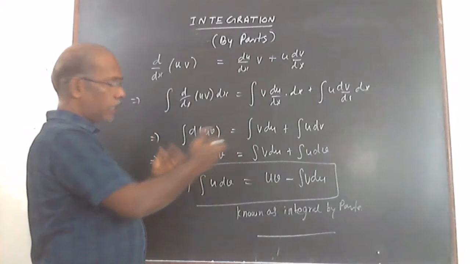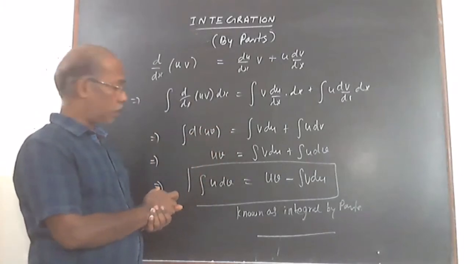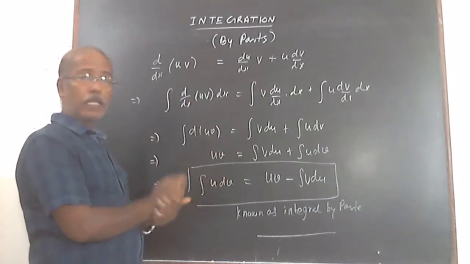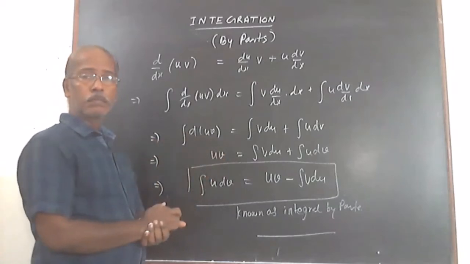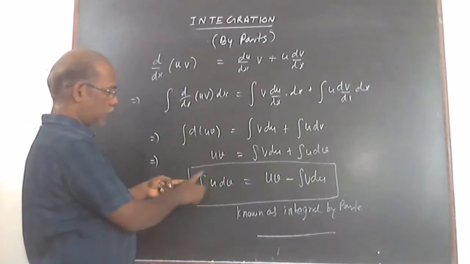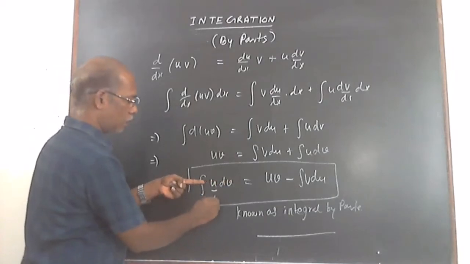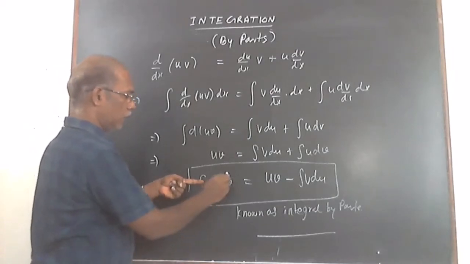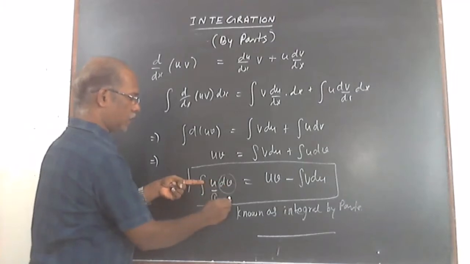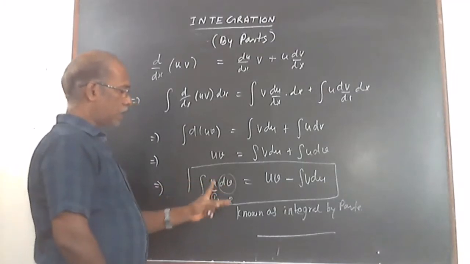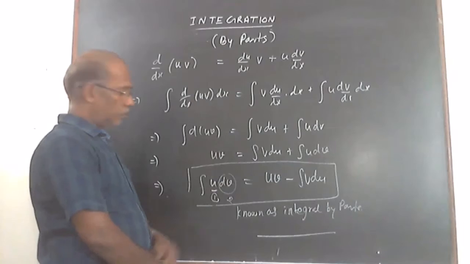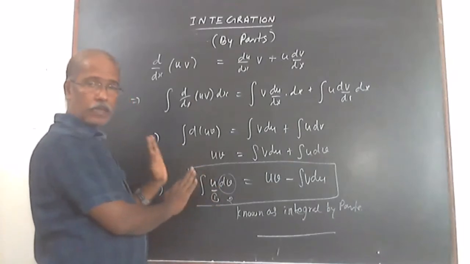Whenever we have such a combination, a product of two different real functions as an integrand, we should try to write it in the form u dv. U is the first function, and the entire dv is the second function. From the second function, we need to find dv. The first function, leave it as it is.